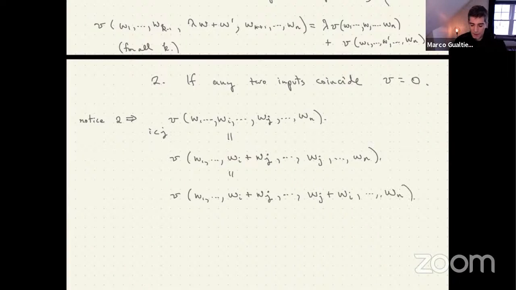This is not a kosher move, because when I add Wi to this entry, it's true that the Wi term will not contribute, but there will be a Wj term. So I need to subtract that out.